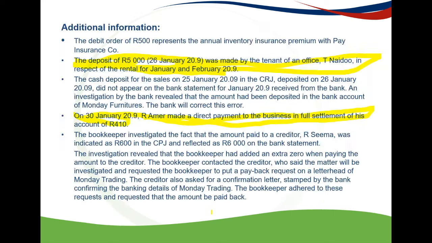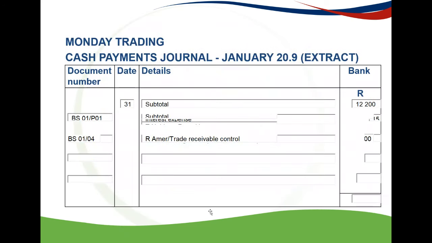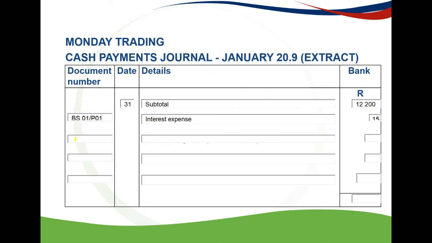So we can go to our cash payments journal. Again, it's our bank statement, first one of the year, coming January, being the first month of our financial year. And it's going to be payment 2, going to be our bank charges.